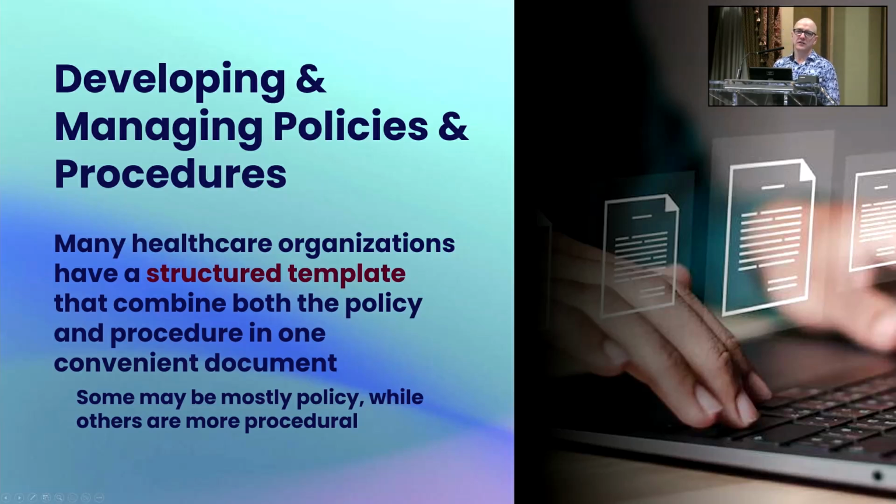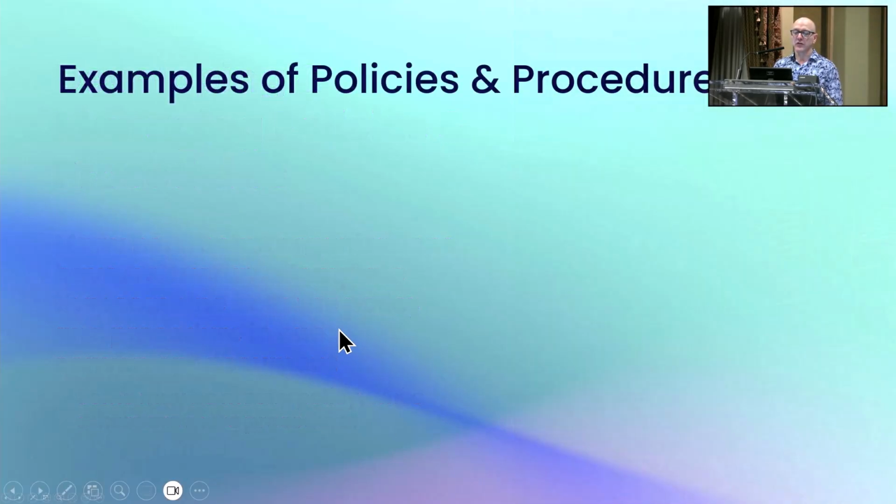Part of that is that employees start to recognize what it looks like. It's easier to understand if each section in the policy and procedures is the same, regardless of what it's about. It also makes it look formal, so they're more likely to listen to it. So I think having a structured template is very useful.